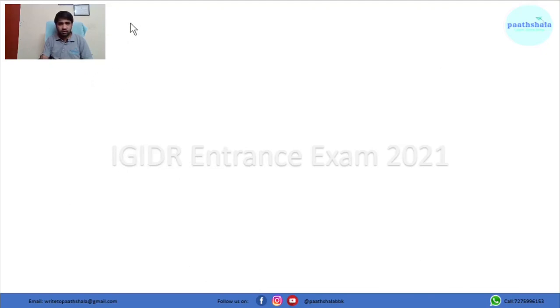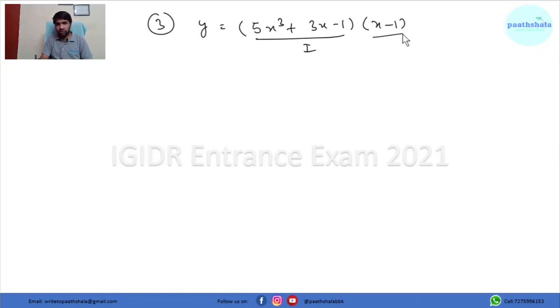Example 3. So we are going to apply the product rule. Let's say we have a function, 5x cube plus 3x minus 1 in one bracket, and in another bracket we have x minus 1. Assuming this as the first function and this as the second function, as the product rule says, first into differentiation of second function.